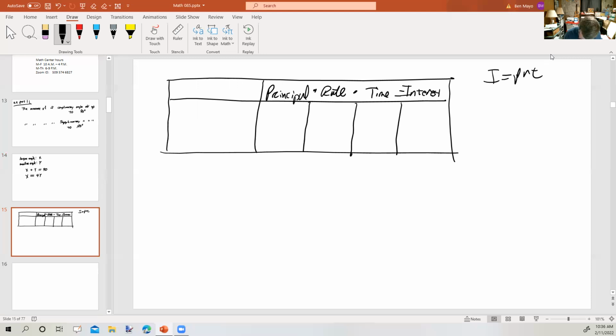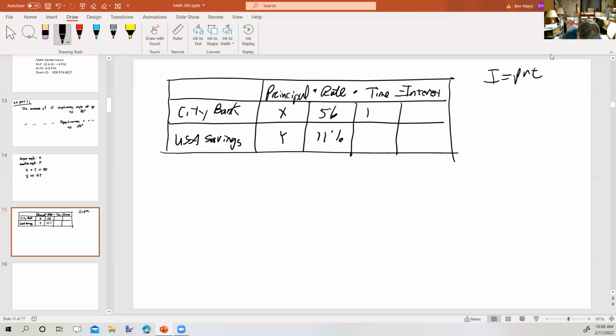Okay. And then we've got Citibank and USA Savings. And then they put an X here and a Y there and 5% here and 11% there and 1 year and 1 year. First, it says complete the table.